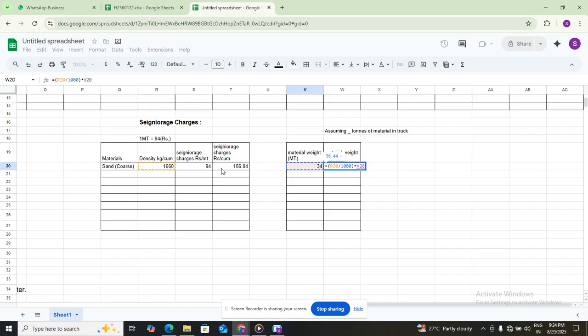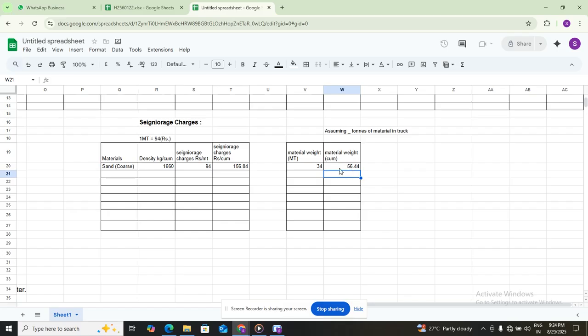Why? Because we also need to convert this into metric ton. It has to come to 56 point something.